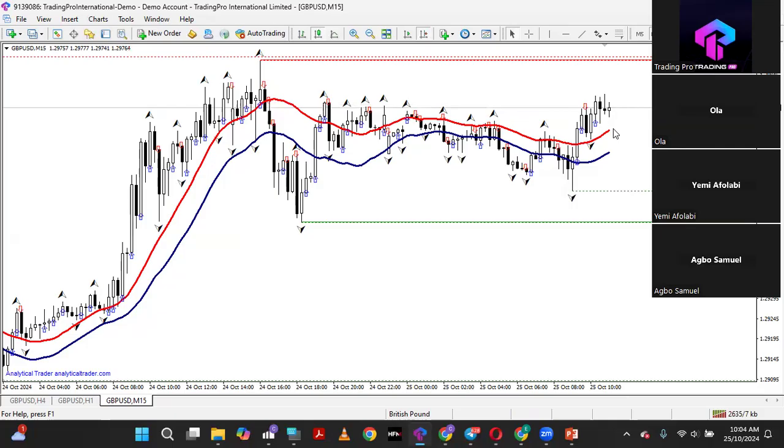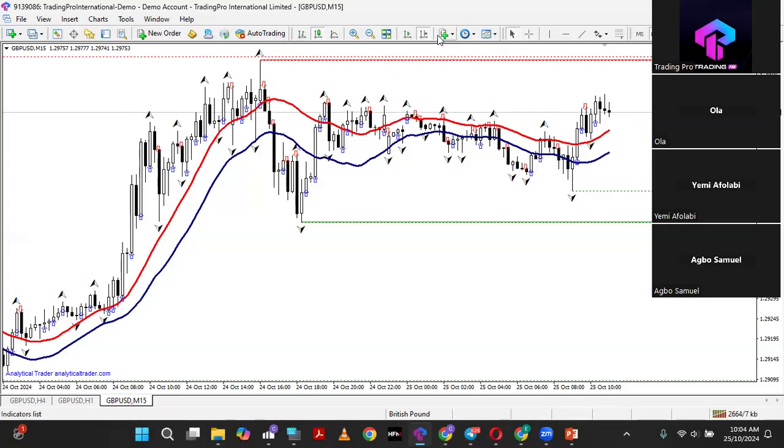Now, to sell, price must be below the lower band of the moving average. Do we have price below the lower band of the moving average? No, we don't. Are you safe to sell? No, we're not.